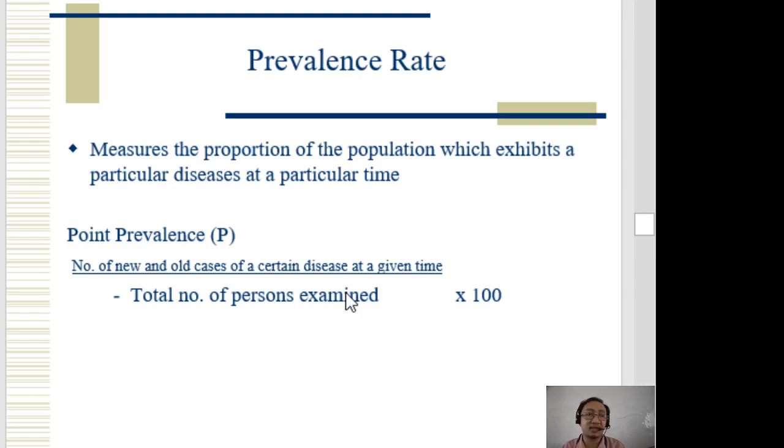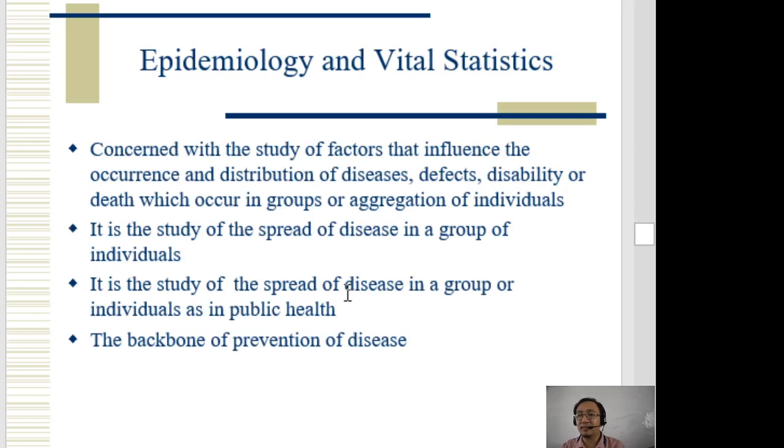Incidence usually deals only with new cases, but prevalence rate involves the number of new and old cases of a certain disease at a given time, over the total number of persons examined, times 100.